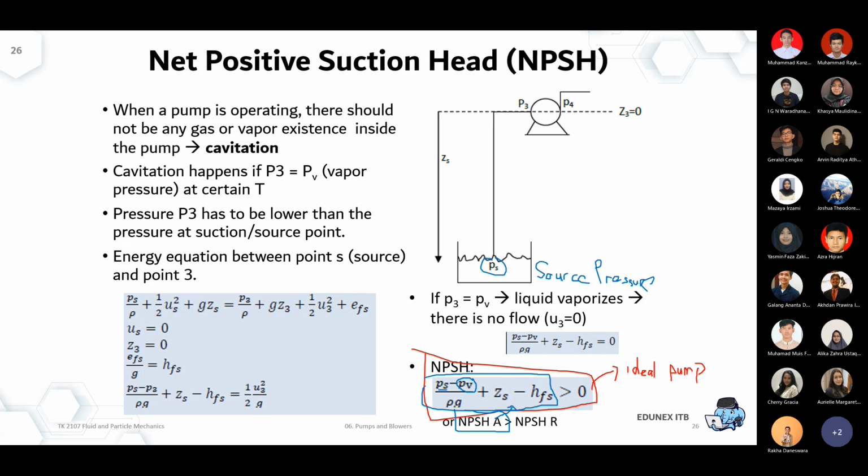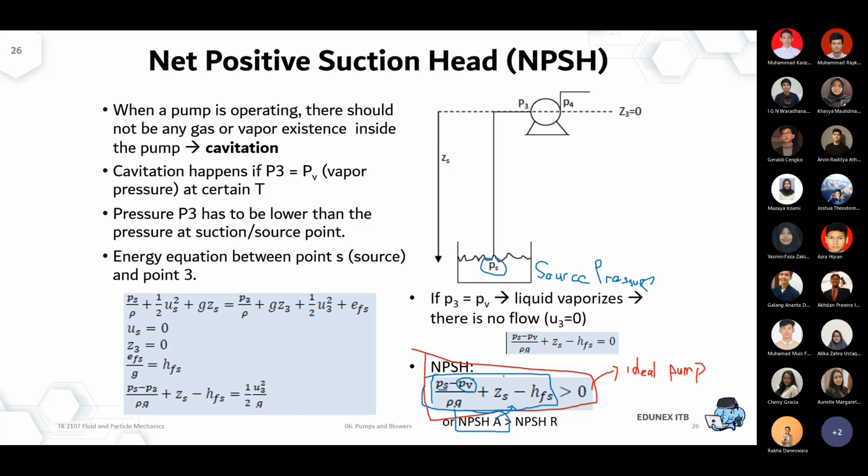Or if you transport an alcohol, then you use the vapor pressure of the alcohol, or if it's palm oil, then you use the vapor pressure of the palm oil. So that gives us information about the deviation between the pressure at the source point compared to the vapor pressure where the first vapor will be formed.